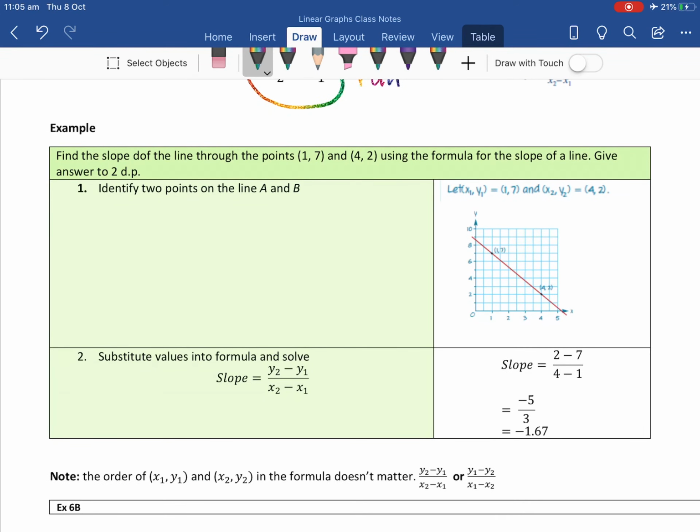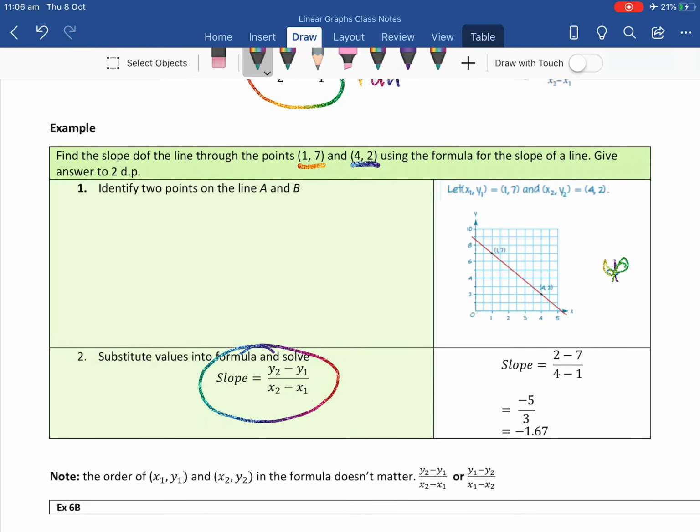Find the slope of the line through the points 1, 7 and 4, 2 using the formula. When you have this, you don't even have to sketch it. That's probably your first thing. However, we can use our formula.